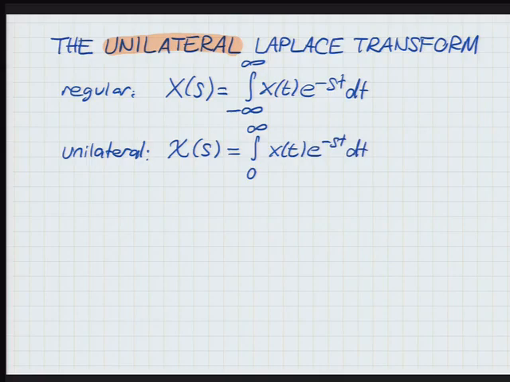What is usually done is, in case that x contains impulses and stuff like that at 0, you will want to include them, so you put a 0 minus, meaning start integrating just before 0. So if there's a singularity at 0, don't miss that. That's the point of that. But in most applications we see, that will not be an issue. There will be no difference between 0 minus and 0.